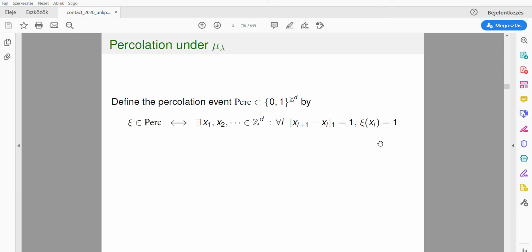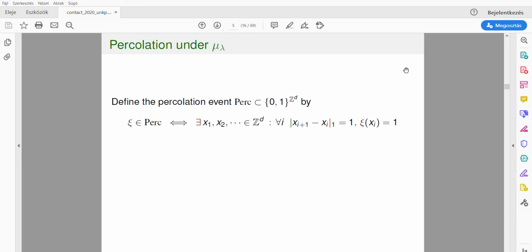So let me remind you, because I want to talk about percolation again, but now I want to look at the percolation of infected sites under the upper invariant measure of the contact process. Let me remind you of the definition of the percolation event: a configuration of zeros and ones, psi, is in the percolation event if there is an infinite nearest neighbor path of sites which are all occupied, or, in the language of the contact process, all infected.